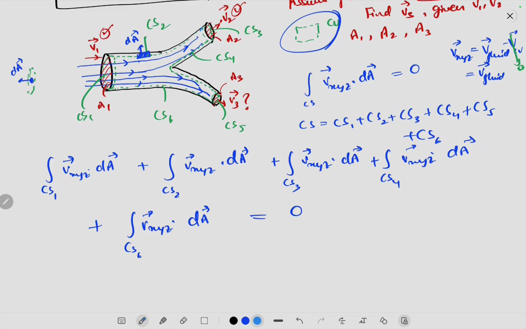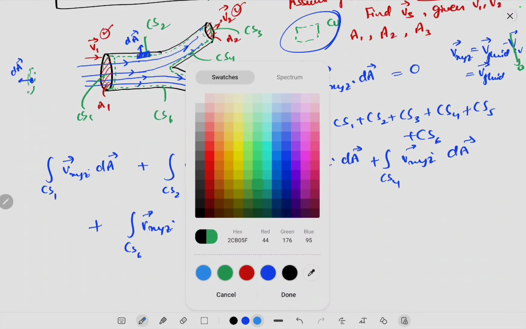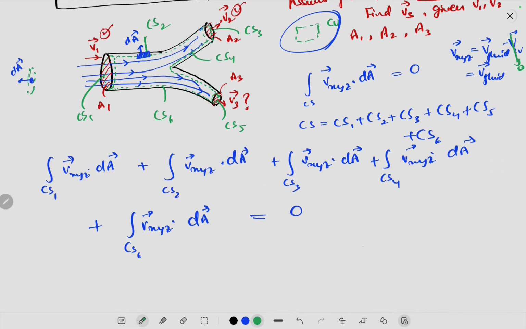So let's just again draw CS2. Let's just take only CS2. So this is your CS2. The fluid is flowing like this, and the dA vector on the CS2 is pointing like this.